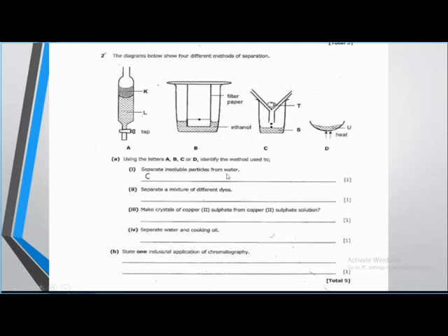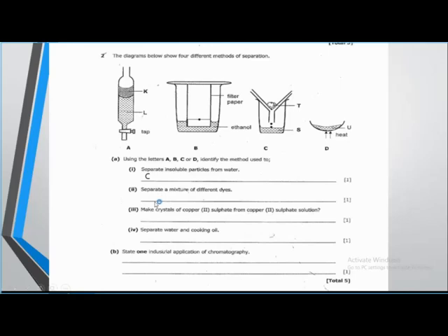How can you separate those? So the process that we use is filtration. Let's check where filtration is. You can see there, I've already indicated there. So C is representing filtration. Therefore, the method that we use to separate insoluble particles from water is C.